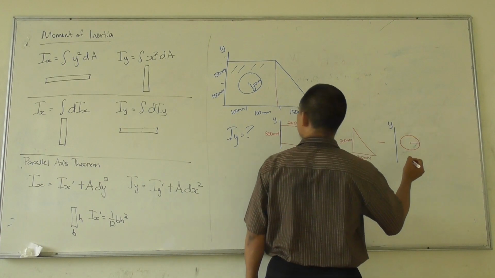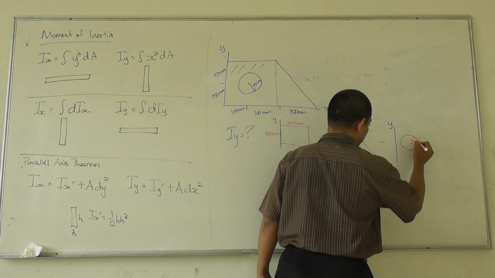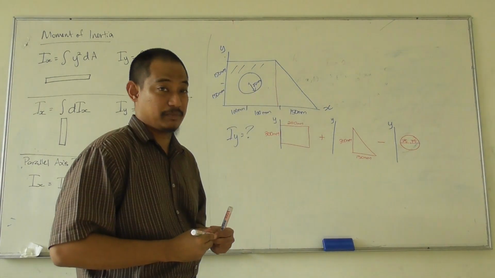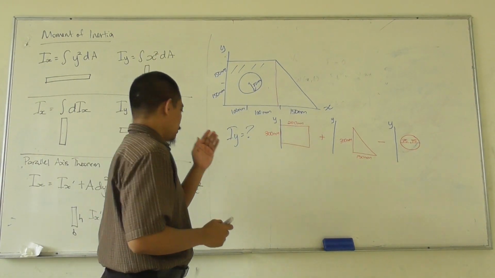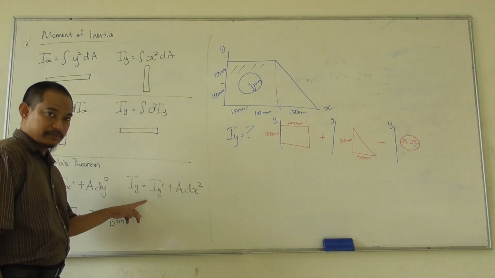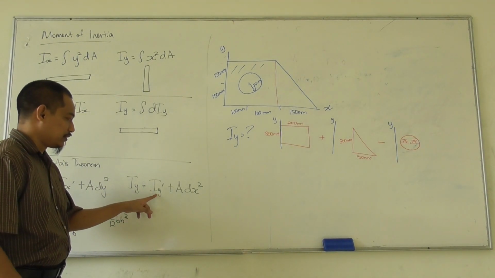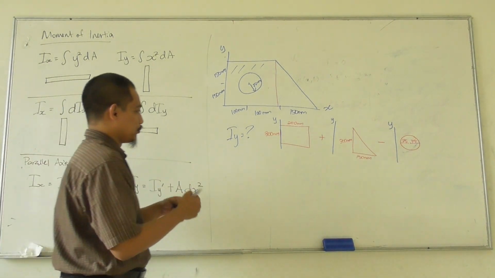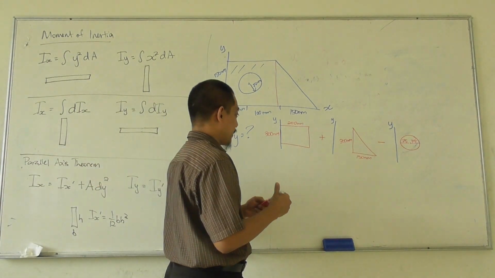This one is 75 millimeter, this one is also 75 millimeter. The radius is 75 millimeter. Alright. So based on this equation, hopefully you still remember, this is based on the Iy at the centroid, right? So we need to know where is y prime.